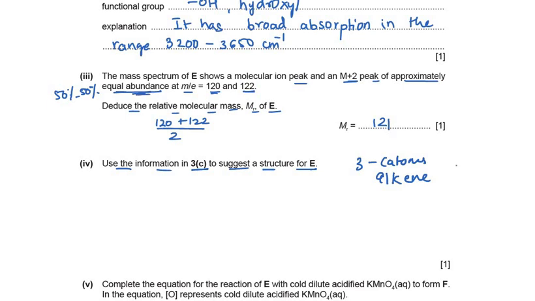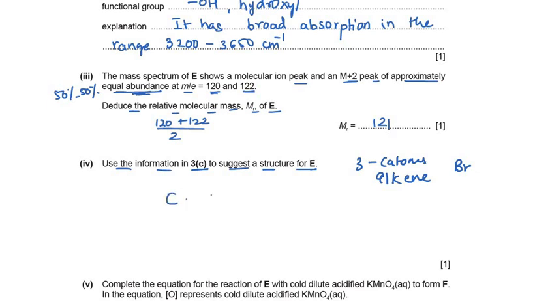That shows it has a halogen, and which is bromine, because bromine is the only halogen which exists as 2 isotopes with equal abundance. So if the M and M+2 peaks have the same peak height, then it should be bromine. So there are 3 carbon atoms.